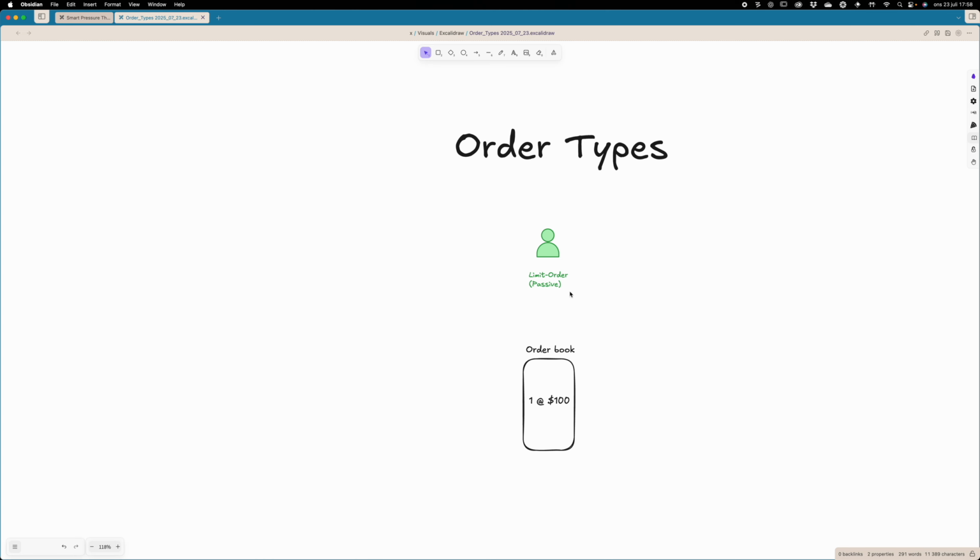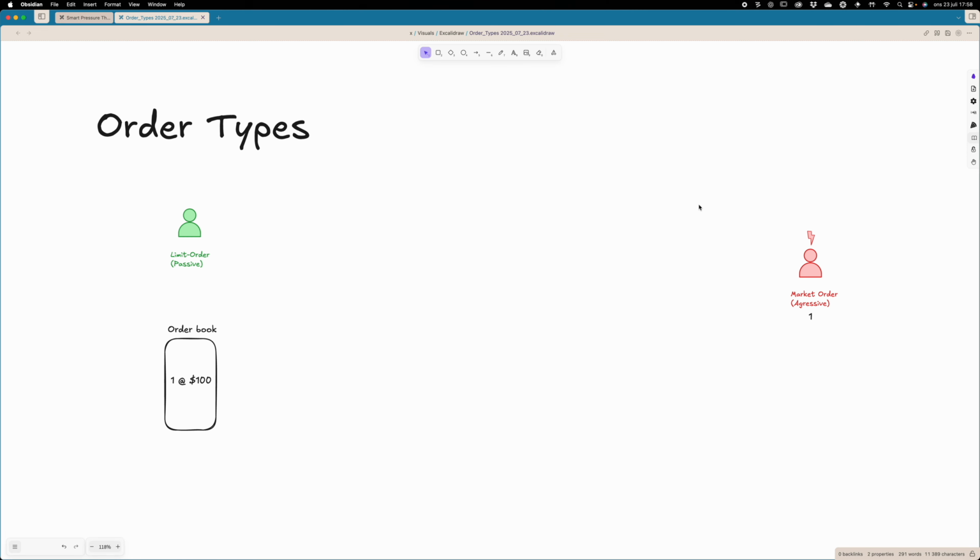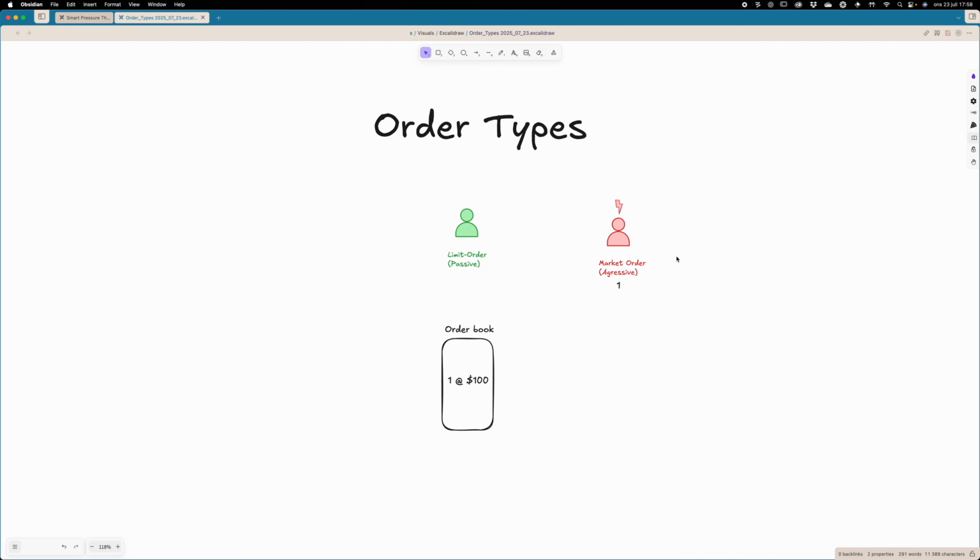So this is sometimes called passive orders or liquidity providers, and it's a limit order. So now let's bring in our other participant, which is our aggressive seller. So this guy, he has one share that he wants to sell, and he wants to get rid of it now.